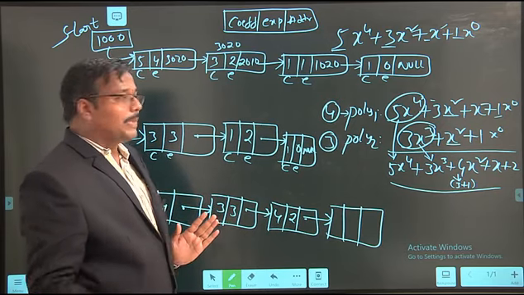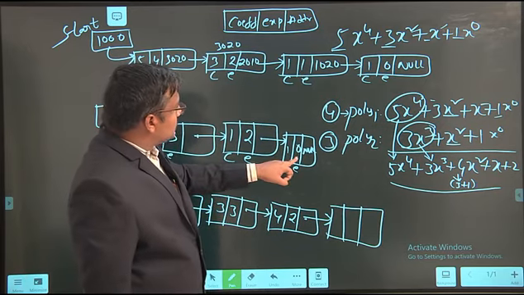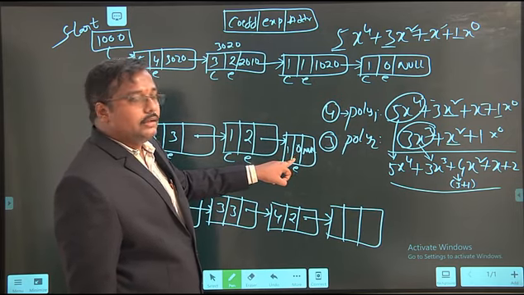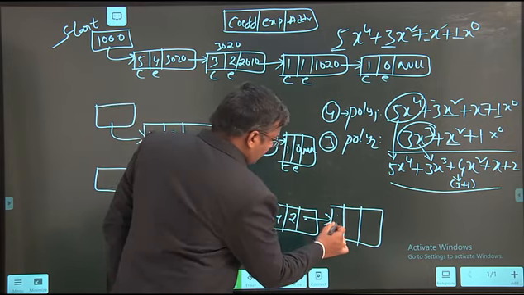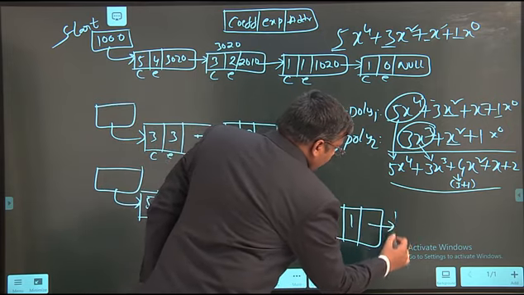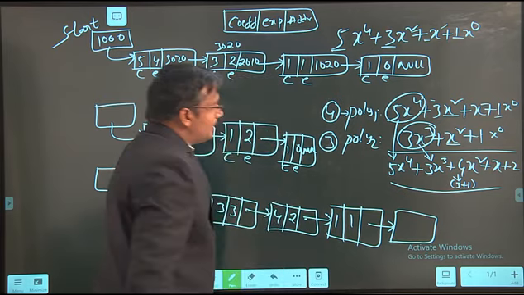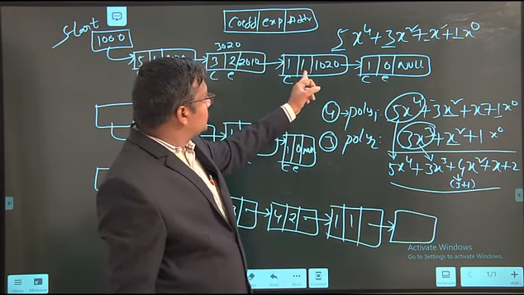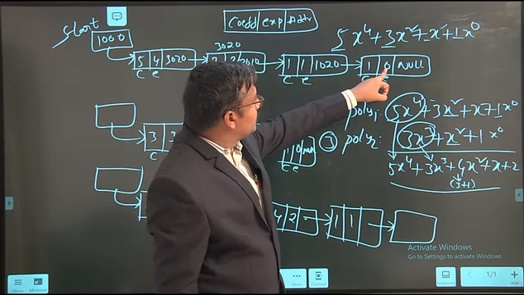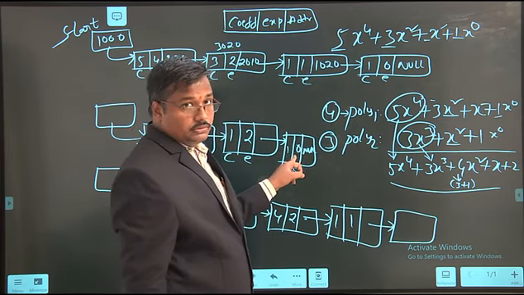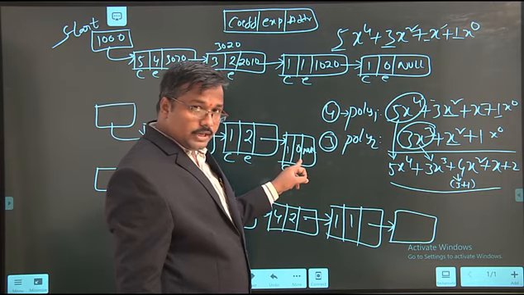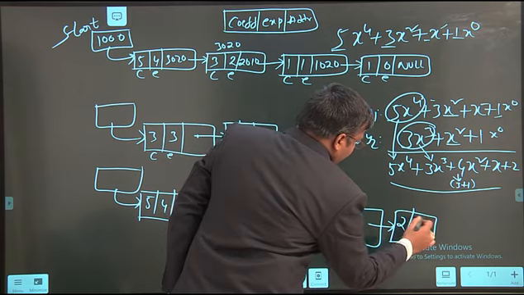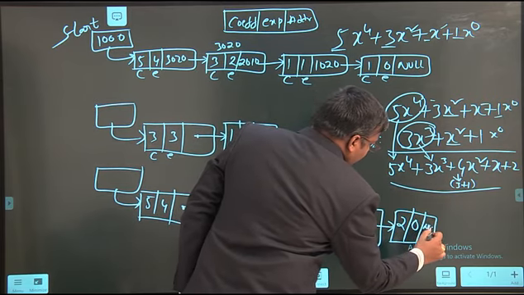In the next comparison, 1, 0. Which one is copied? 1 is the maximum, so that one is copied. So, 1, 1. In the next case, this one is copied and the other moves to the next location. At this time, 0, 0. Both are equal, so 1 plus 1 is 2, and the exponent is copied. This one is null.